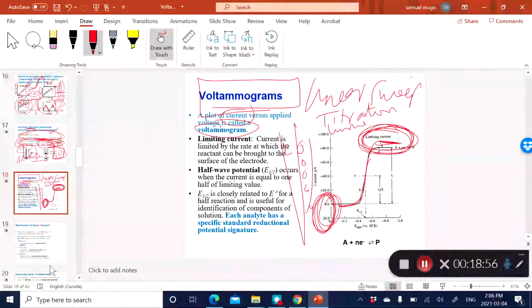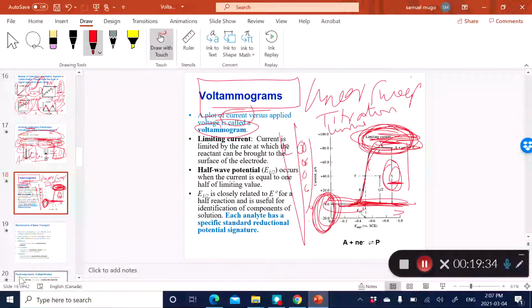And as it is increasing, you're depleting the amount of analyte that is present until it is completely depleted. And so there's no current being generated any longer. And so the signal would be the gap between this background and the limiting current. And essentially, that is going to be your signal that you actually plot. The IL is going to be your signal that you plot, which is that gap between the limiting current and the background current.